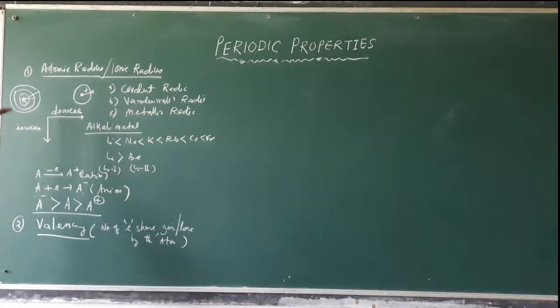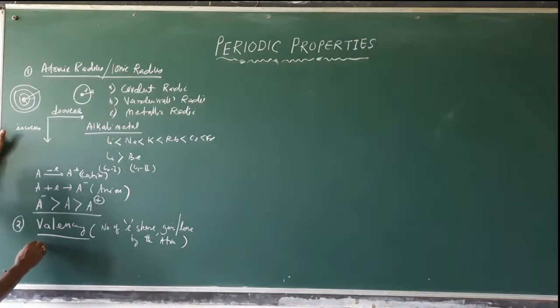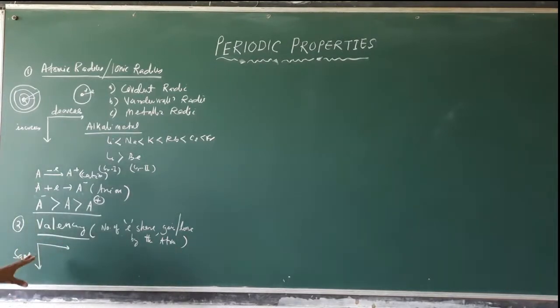So in case of the periodic table, along the group generally valency remains same. But along the period, what happens? General discussion we are doing.